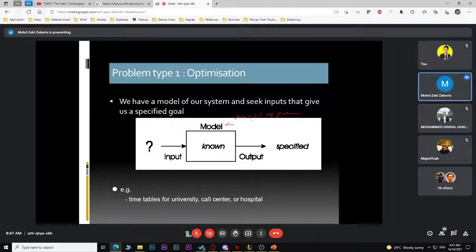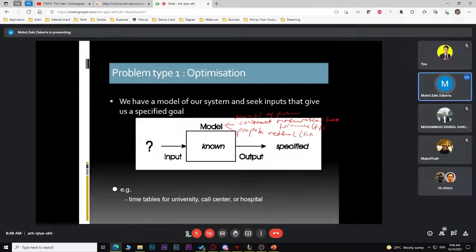Then, based on this analysis, we need to construct a mathematical formula of the fitness function. And then under this model also, we need to propose the method or algorithm, the method of optimization.